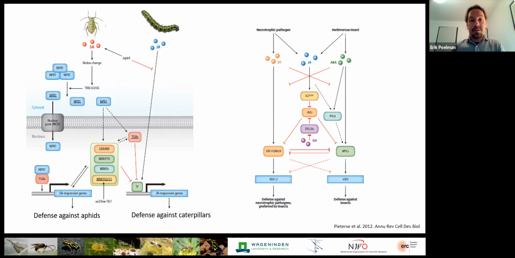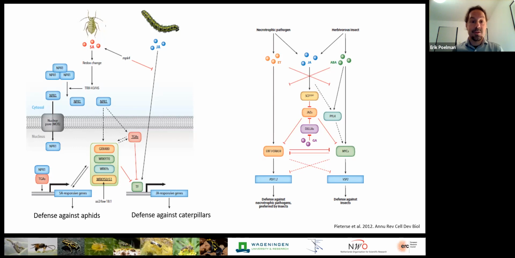Well, if I then look at how we are currently viewing how plants deal with insect damage, then we know quite detailed how plants respond to insect feeding. We know, for example, that there are markedly different strategies of plants to respond to aphids or to caterpillars.